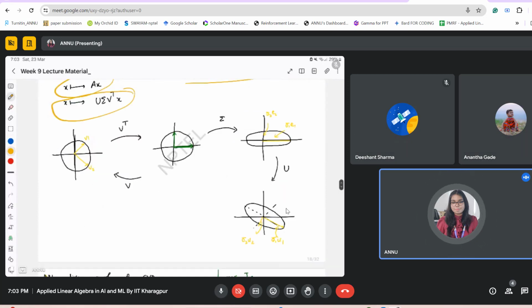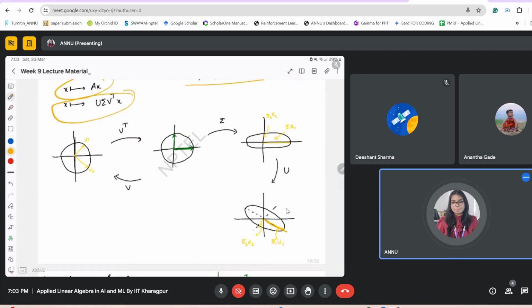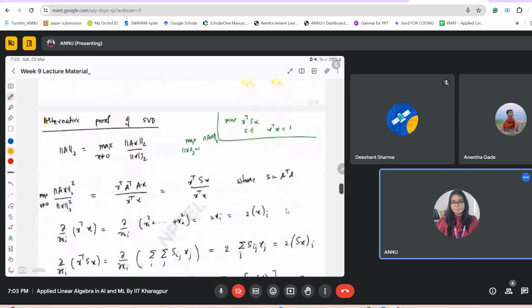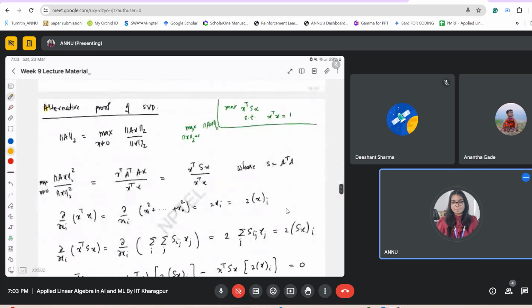In that ellipse we saw sensitivity analysis, but we will take care of it in upcoming classes. So these are some other ways of proving the singular value decomposition. I think sir taught you the example using the sensitivity analysis.